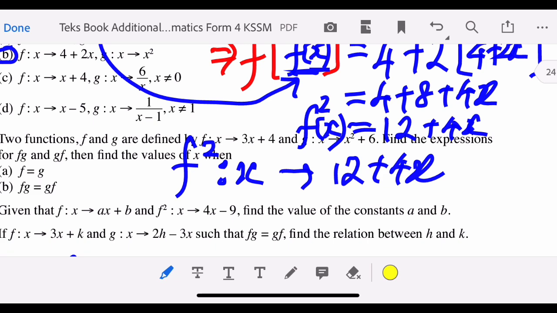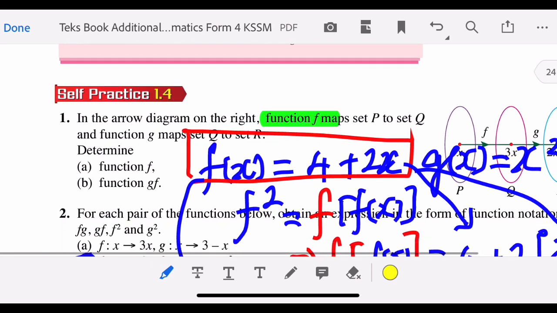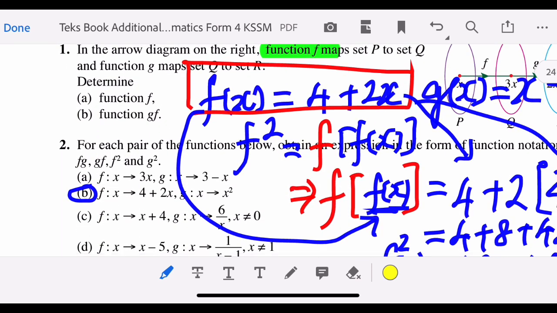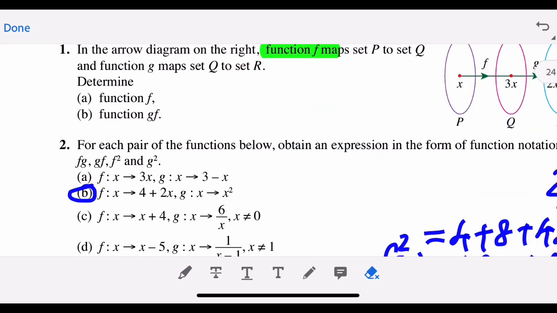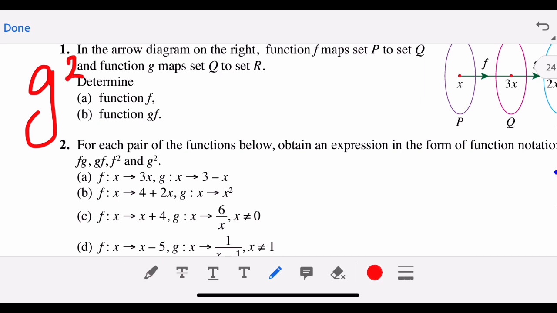The g(x) was given as x squared, right? So now I'm going to show you how to find g². We are asked to find g²(x).